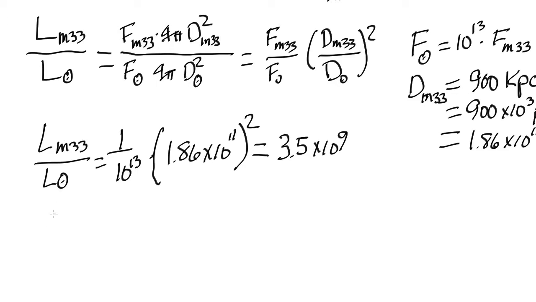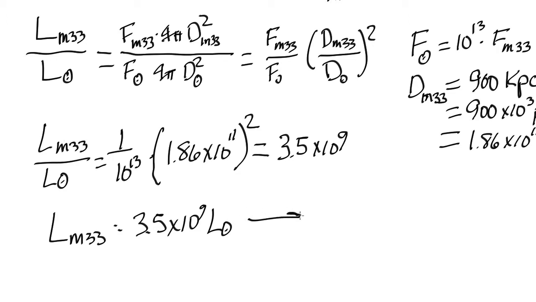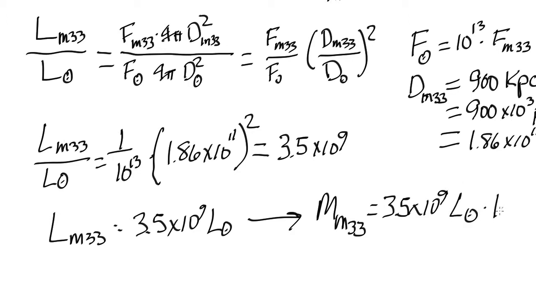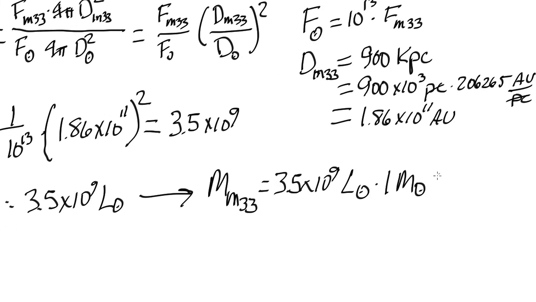That answer would be that L M33 is equal to 3.5 times 10 to the 9 L sun, and that then enables us to say that the mass of M33 is equal to 3.5 times 10 to the 9 L sun times that ratio of 1 M solar per L solar, or 3.5 times 10 to the 9 M solar.